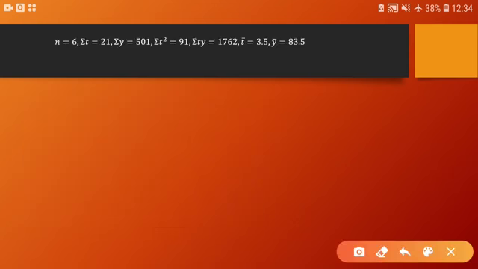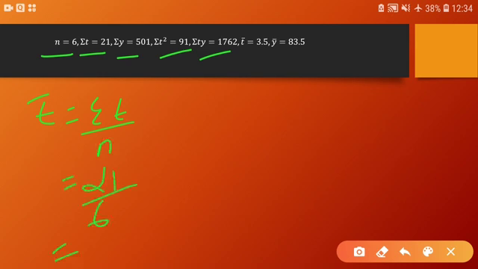So what we found: n is equal to 6, sigma t was 21, sigma y was 501, t square is this, ty is this. Okay, we calculated everything in the previous slide. Now you need to find t bar. T bar is sigma t upon n, that is 21 upon 6, 3.5.